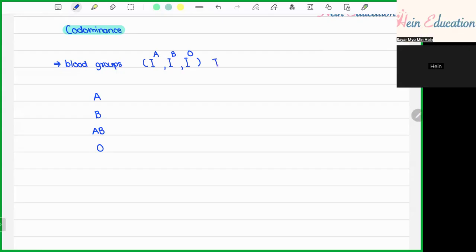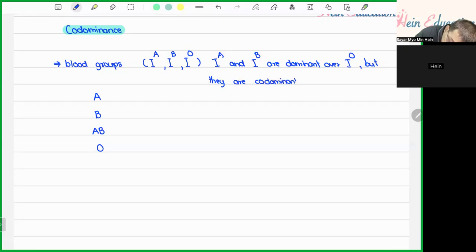The alleles IA and IB are dominant over IO, but they are codominant to each other. Meaning that the alleles IA and IB are dominant over IO, but they are codominant to each other.